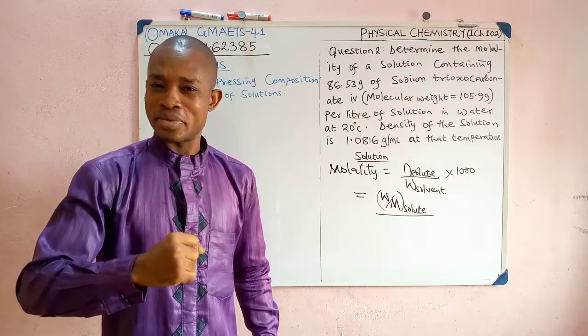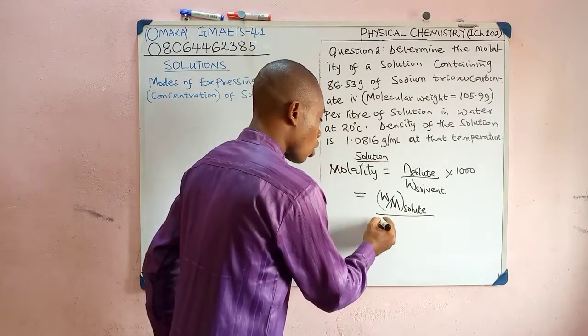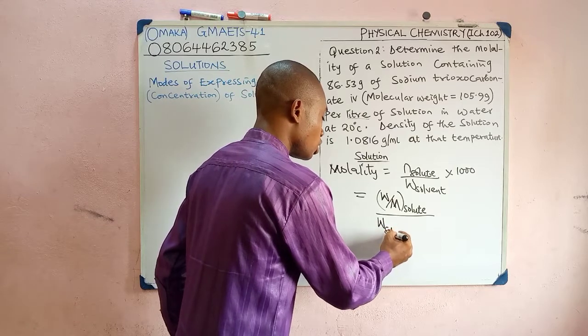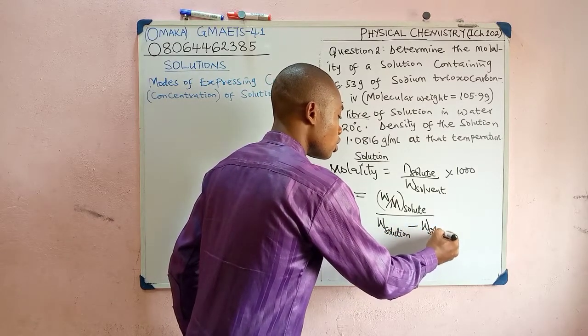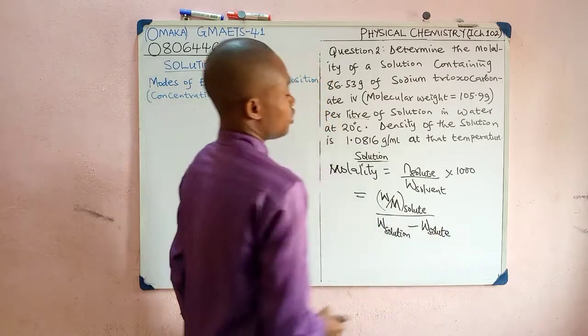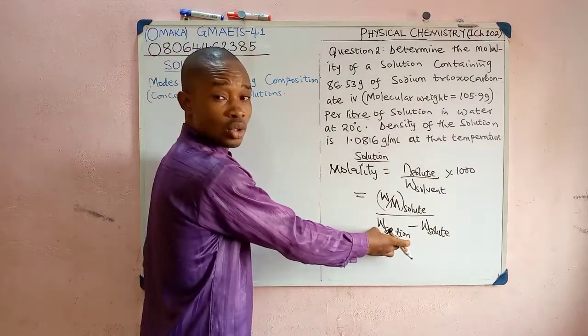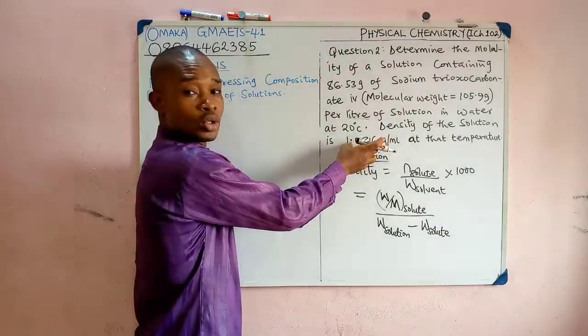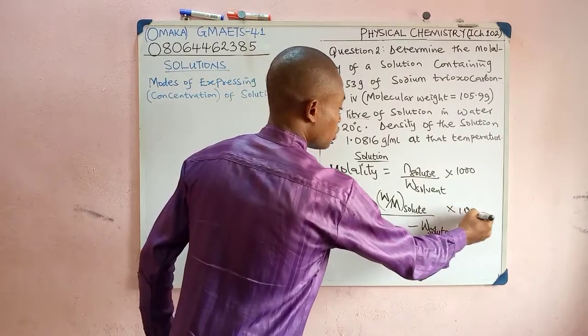Good, you get your weight of solvent. The reason I went this way is that I can easily get the weight of solution from the density of the solution. Then multiply this by 1000.